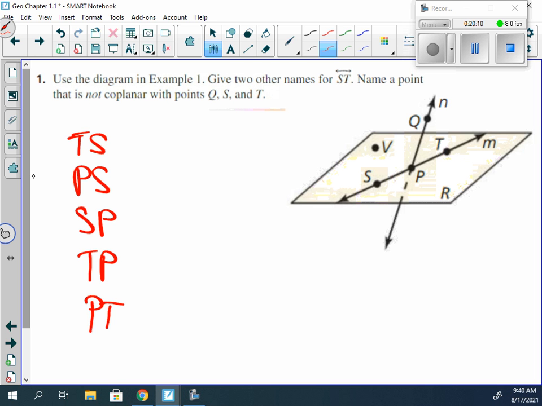Anything else we need to do? Some of y'all remembered it, because I intentionally left that out to see if anybody would catch it.